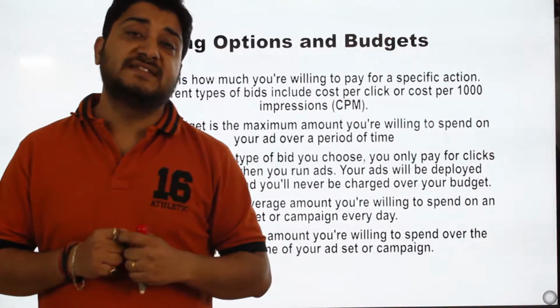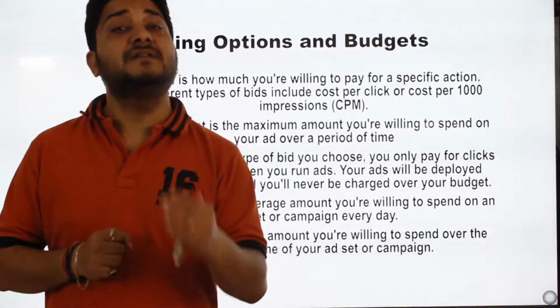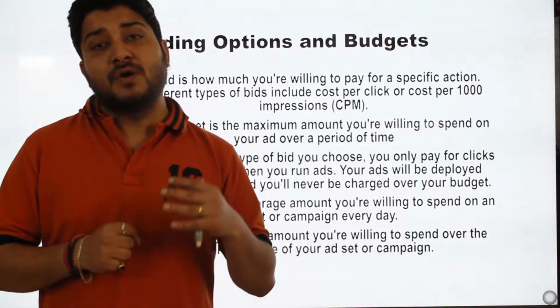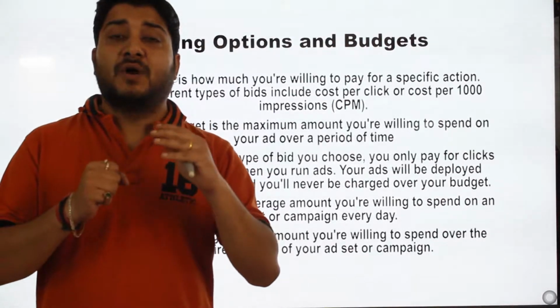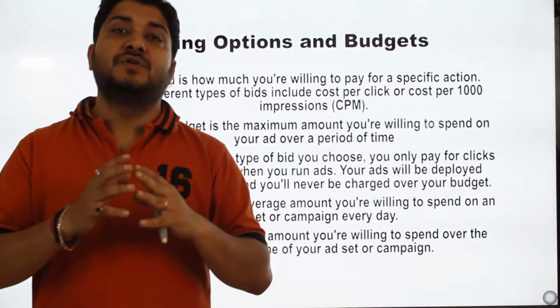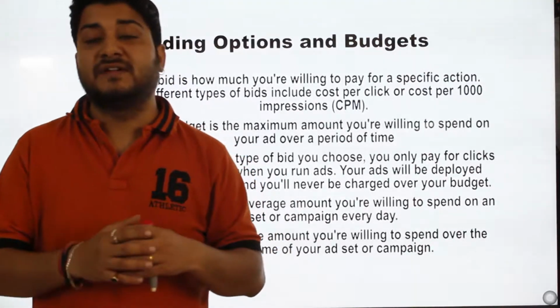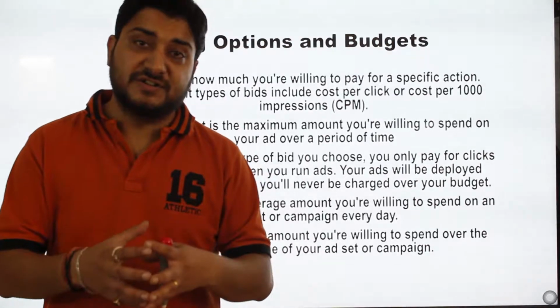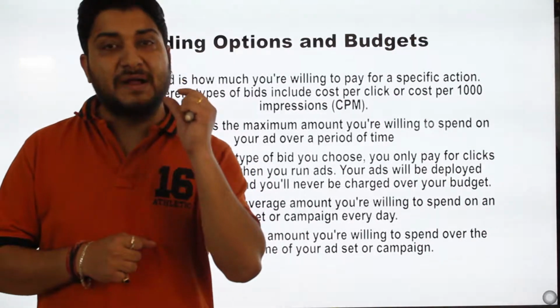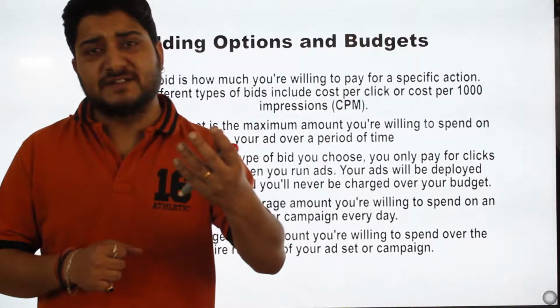The second one is the CPM, which is the cost per thousand impressions. This is the amount that would be charged once your ad is shown to thousands of users, or your ad has got thousands of impressions. That's the money value which is defined by Facebook.